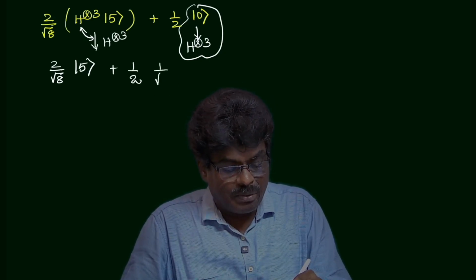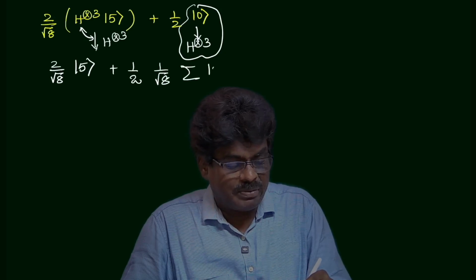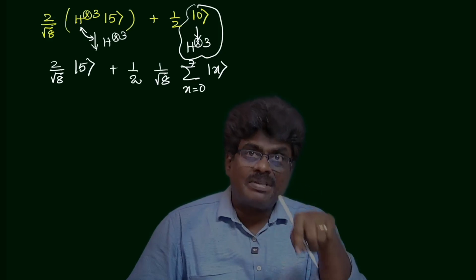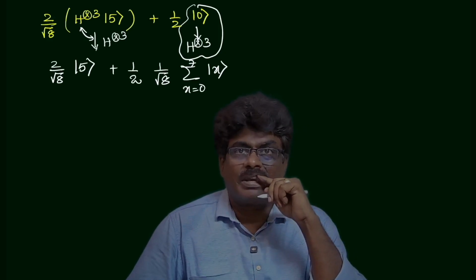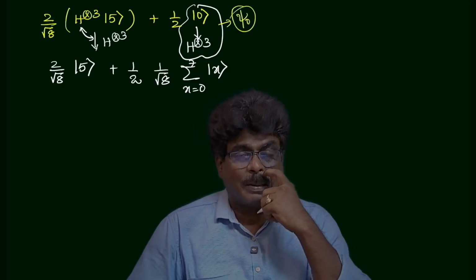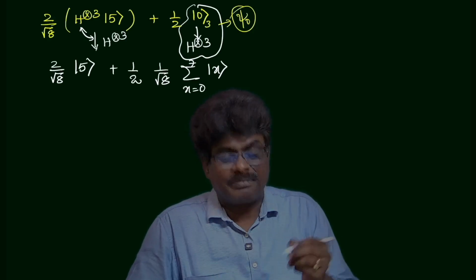So that is 1 over root 8, summation x equal to 0 to 7. Now in this, 5 is also there. I hope you understand this is nothing but a superposition state, which we can call psi naught, here with 3 qubits.